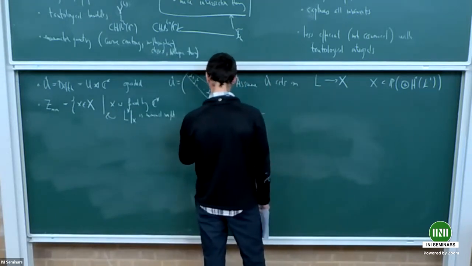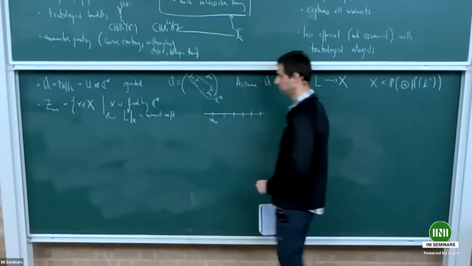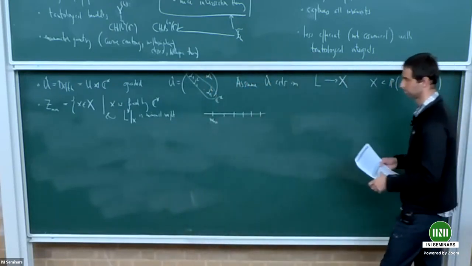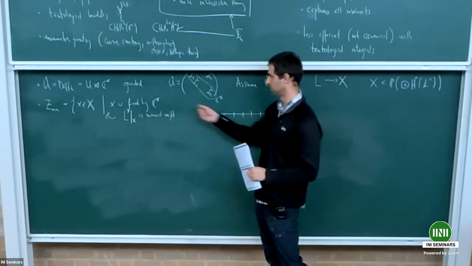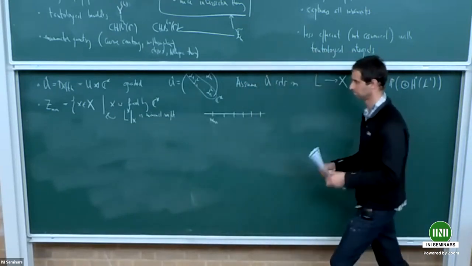So you have some minimal weights, and the fixed point locus for this is actually Z min. So that's the minimum weight space.